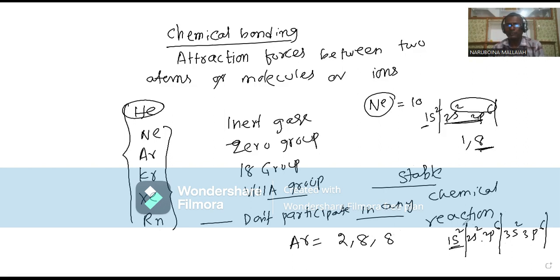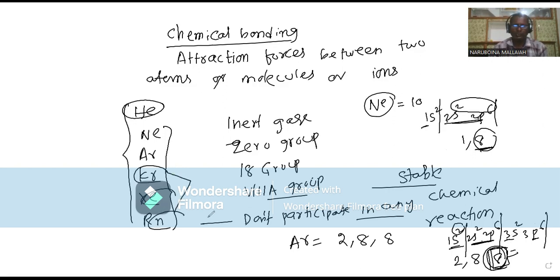In the first orbit, we have 2 electrons. In the second orbit, 2 plus 6, 8 electrons. In the third orbit, the last orbit, we have 8 electrons. In the earlier case also 8 electrons. Like this, krypton, xenon, and radon also have 8 electrons in their outermost orbit.